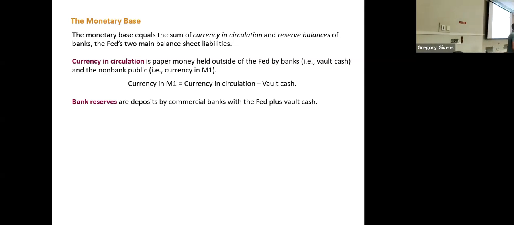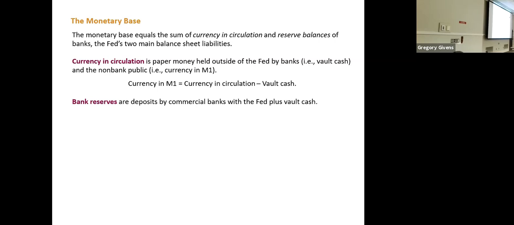What are bank reserves? This is the other component of the monetary base. Bank reserves in general are comprised of two things. It's the reserve balances that banks hold with the Federal Reserve. This is just notes on an electronic ledger, essentially held, administered by the Fed, plus any vault cash.